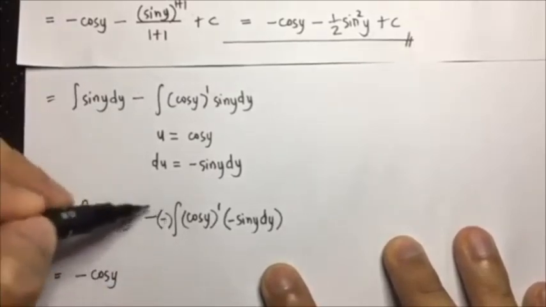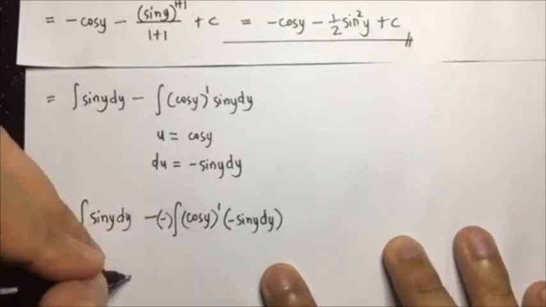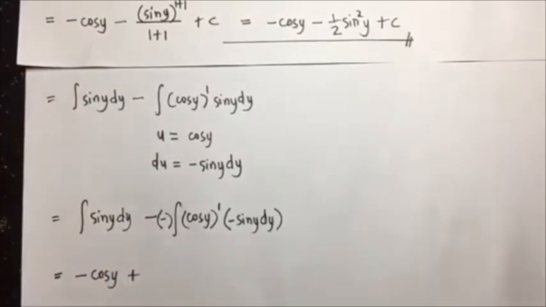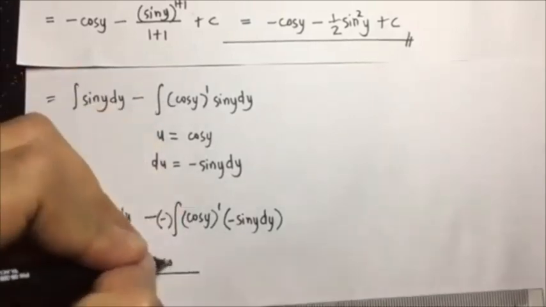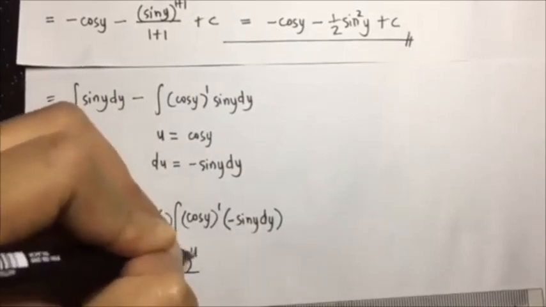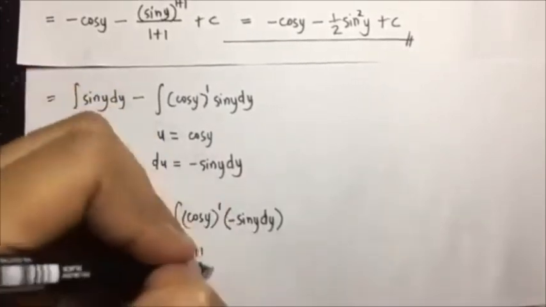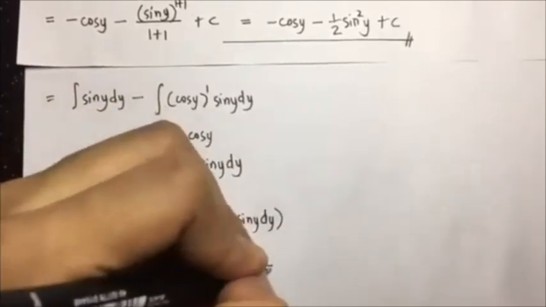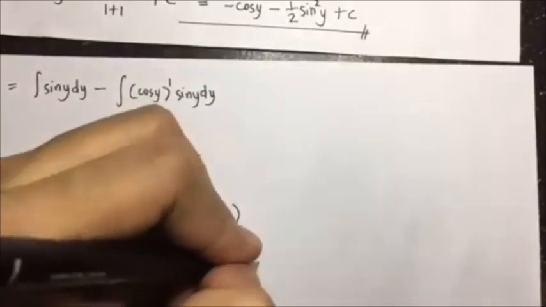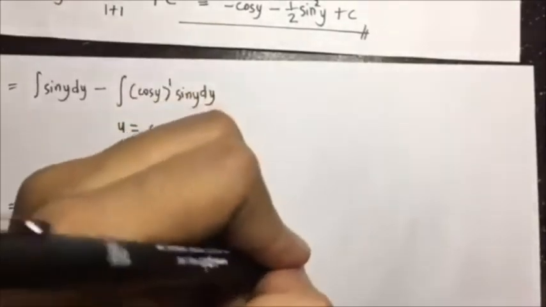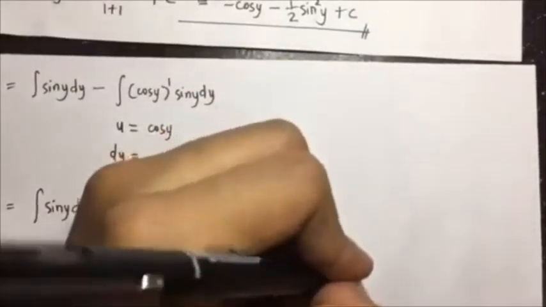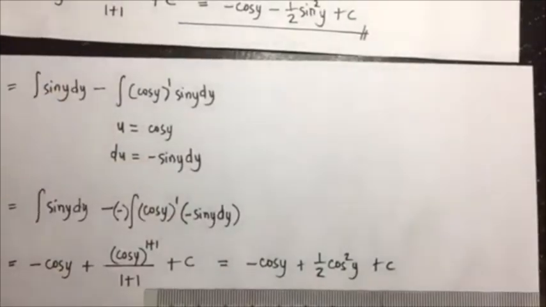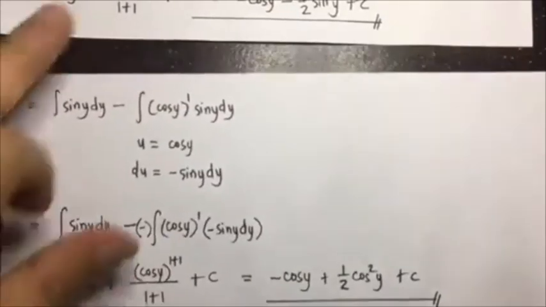Okay, so for the second term, negative, so plus, the power formula. So we have u raised to n plus 1. So you have cosine of y raised to 1 plus 1 over 1 plus 1 plus c. Or this is equal to negative cosine of y plus 1/2 cosine squared of y plus c.